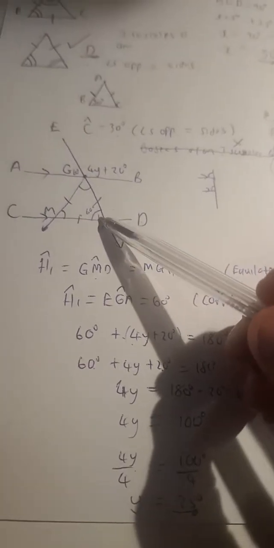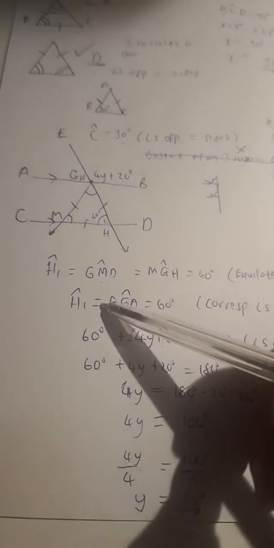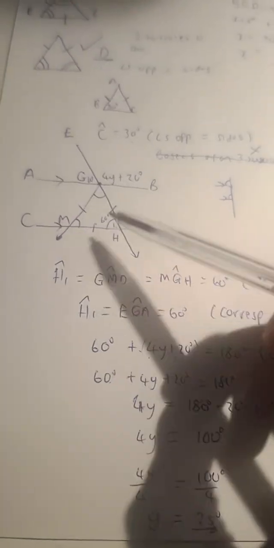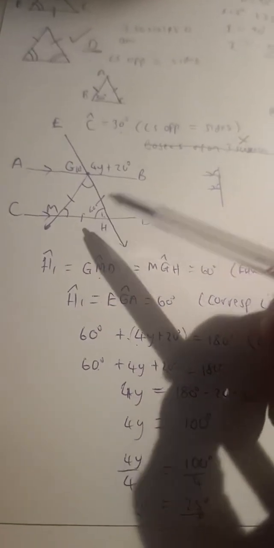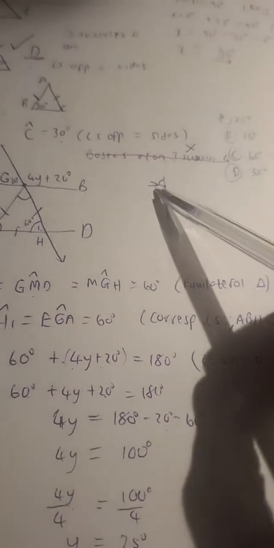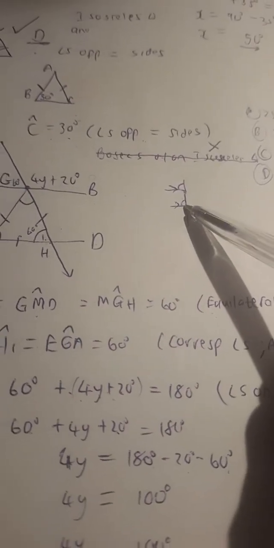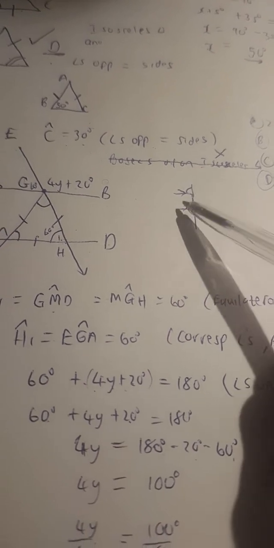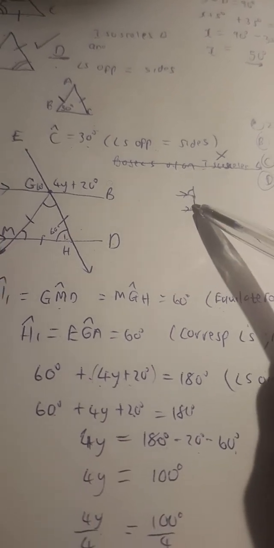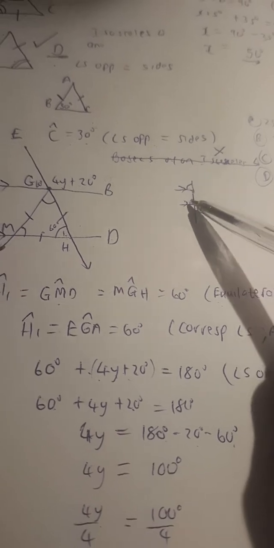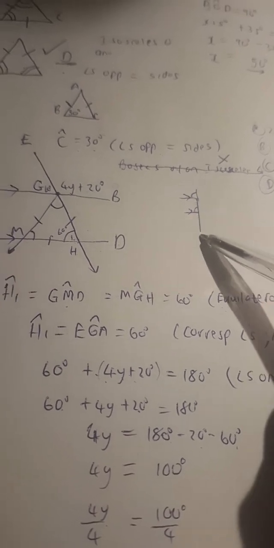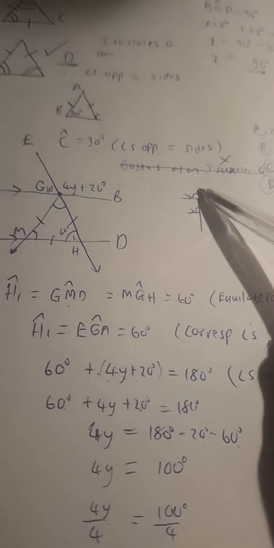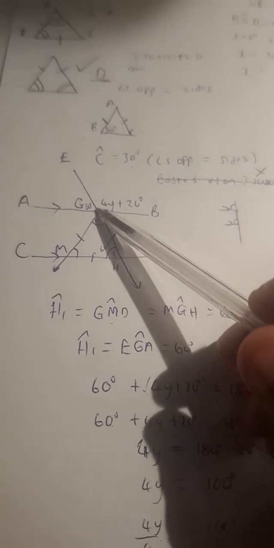Then, since we know H1 is 60 degrees, that means angle EGA is equal to angle H1. Why? Corresponding angles. That is our F shape. Our F shape says that when we have two parallel lines and there's an angle on top, an angle at the top, those angles on the same side of the transversal line are equal. So that means they are 60 degrees.